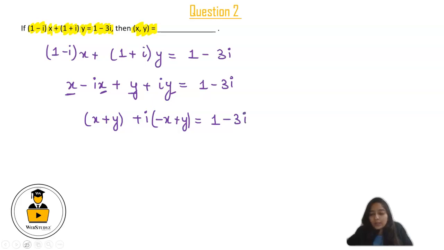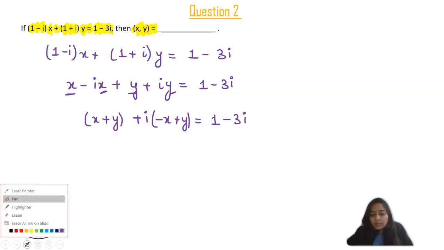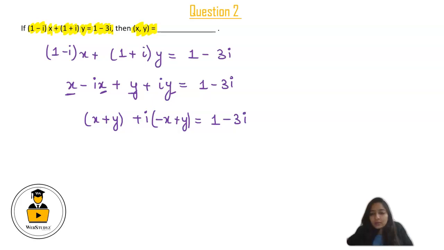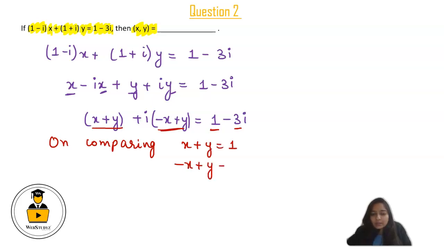Now using the equality of complex numbers, this real part x plus y should be equal to 1, and this imaginary part minus x plus y should be equal to minus 3. So on comparing, we have x plus y is equal to 1 and minus x plus y is equal to minus 3.